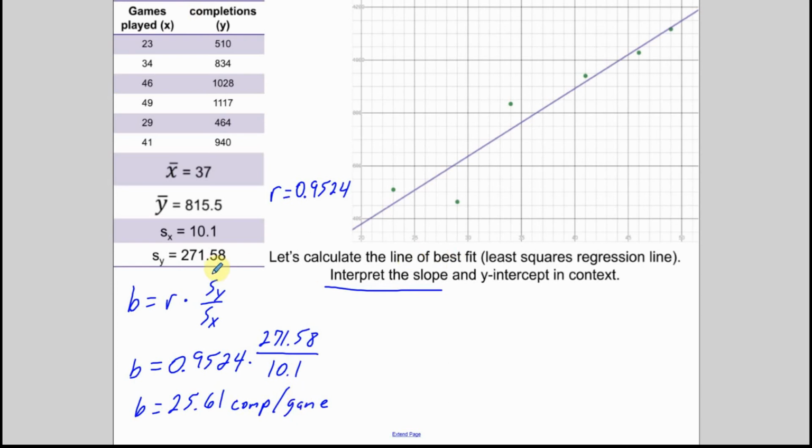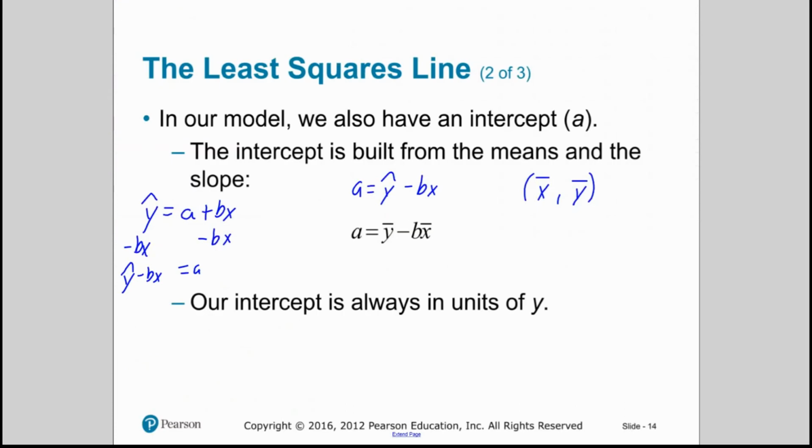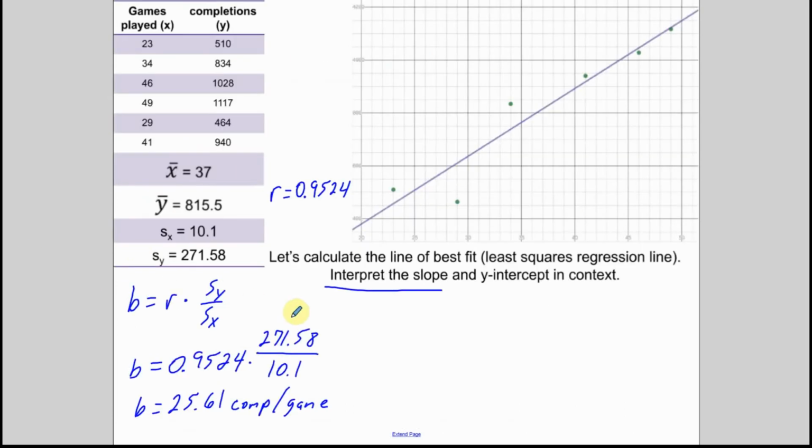So we've got b, and in our model, we still need a. So we're going to go back to here. And remember, it's a equals y hat minus bx. And we're going to replace y and x with x bar, y bar.